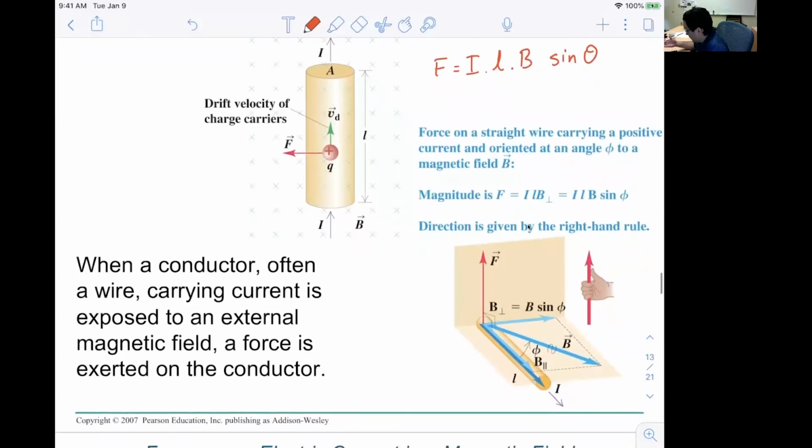And we will have the right-hand rule again. Let's say you have a magnetic field along this direction, and you can split the magnetic field into two: the perpendicular component, B sine phi, and the parallel component, B parallel, which is cosine phi. The parallel component does not apply any force. Only the perpendicular component does. So you can write the force as I L B sine phi.